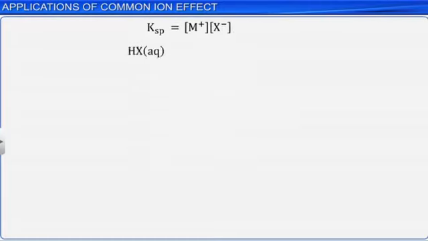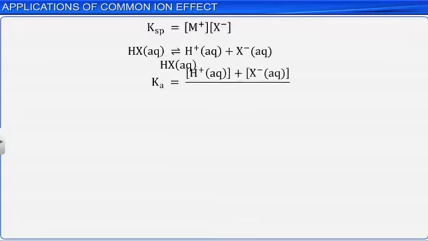HX ionizes to give H+ ions and X- ions. Then Ka is equal to the product of molar concentrations of H+ and X- divided by HX concentration. On rearranging the equation, we get X- divided by HX equal to Ka divided by H+.